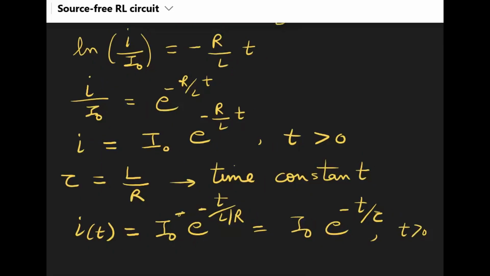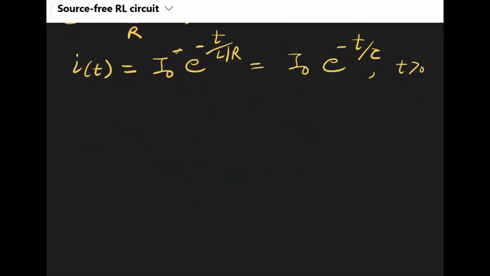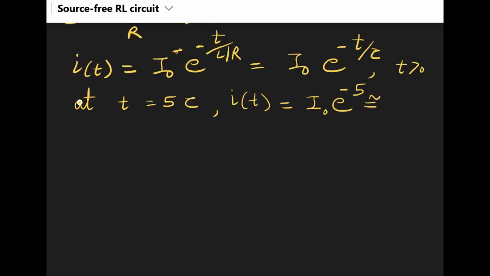Again, we see that at t equals 5 tau, the value of current becomes I0 times e to the power minus 5, which is approximately I0 times 0.0067, and that is approximately 0.